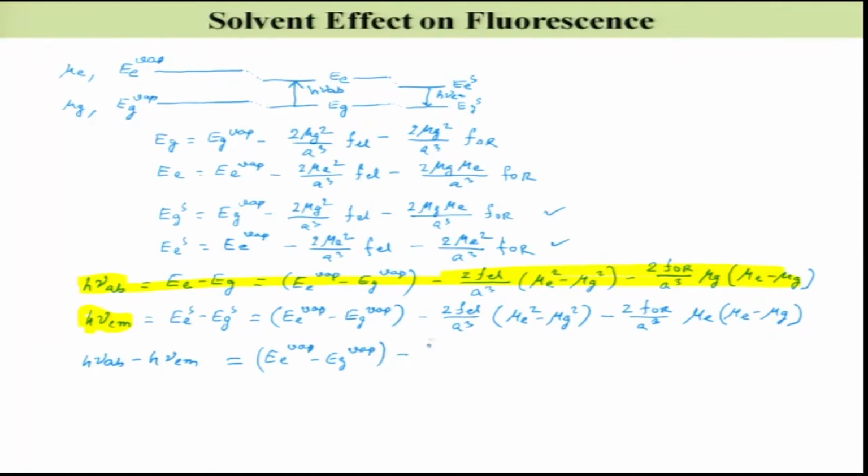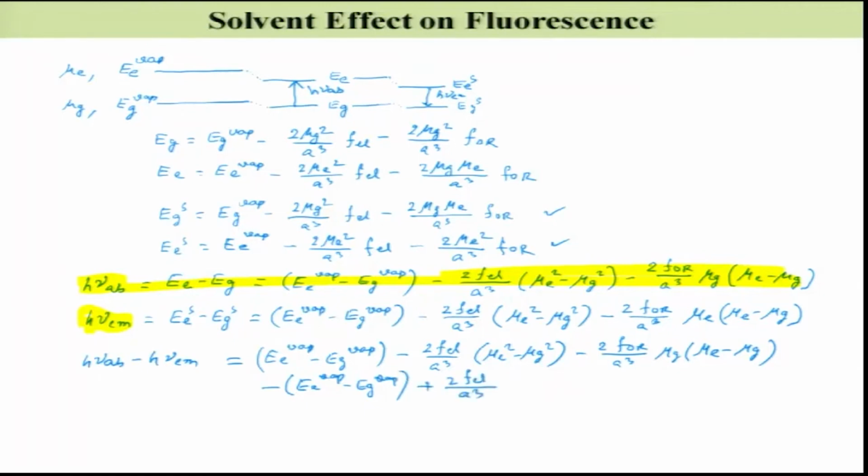So, writing again all the terms: 2 F EL by a cube (mu E square minus mu G square), minus 2 F OR by a cube mu G into (mu E minus mu G), minus again this term E vapor minus EG vapor, plus 2 F EL divided by a cube (mu E square minus mu G square), plus twice F OR by a cube mu E minus mu G. So, these terms will cancel out.